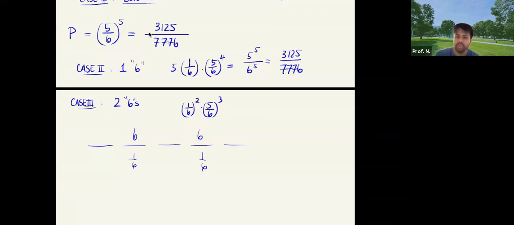I use 5 choose 2 ways, right? There's 5 choose 2 ways of selecting 2 of them out of the 5. So don't forget what this 5 choose 2 means.